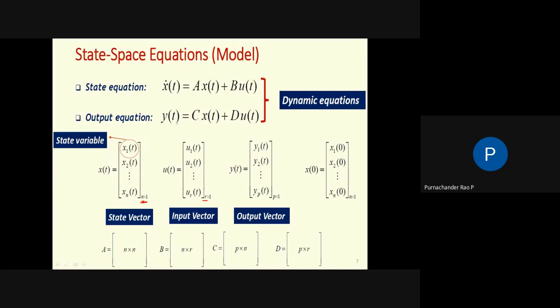So the output has size p by 1, and x(t) has size n by 1. So your C should have size p by n, since x is n by 1.